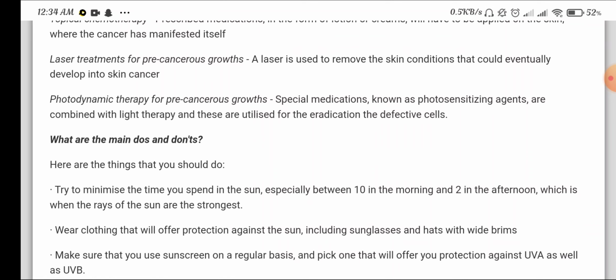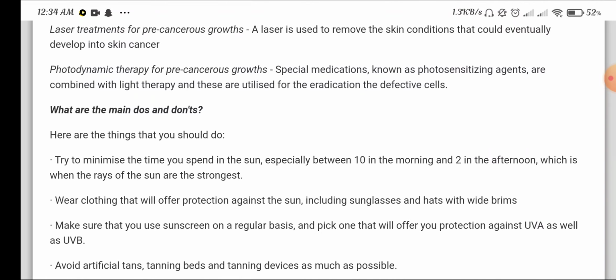A laser is used to remove the skin condition that would eventually develop into skin cancer. Photodynamic therapy for precancerous growths, especially medications known as photosensitizing agents, are combined with light therapy, and these are utilized for the eradication of defective cells.